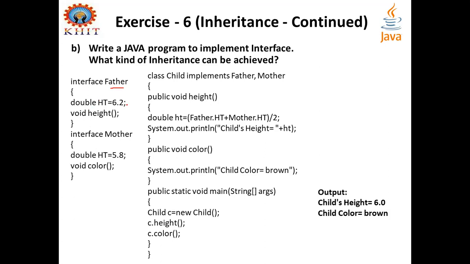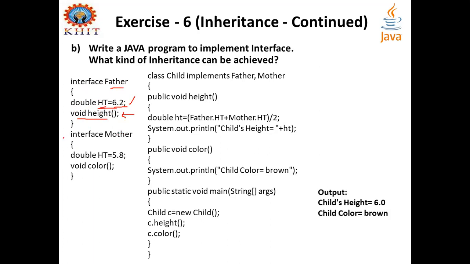Interface father has one instance variable, height 6.2, and it has an abstract method with a semicolon at the end, which indicates no body here, so height is a method. Whatever class implements this father interface can use this value but is not allowed to change it, and it must implement this abstract method.